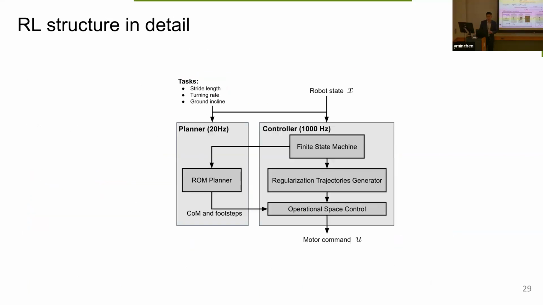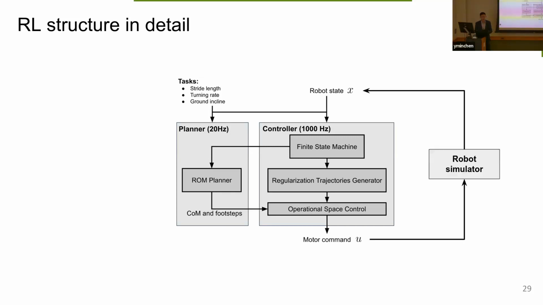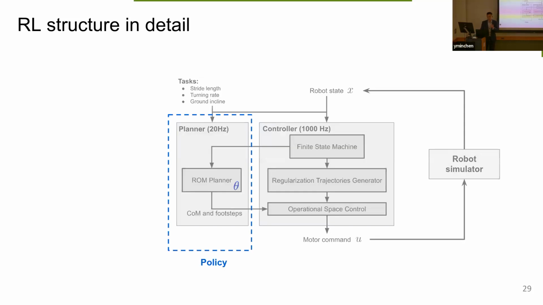So yeah, here are the structure details for the reinforcement learning problem. This is the MPC, the same MPC that I showed you earlier. Now we have a robot simulator to close the loop because we're training in simulation. So in our RL formulation, we pick the planner to be the policy.